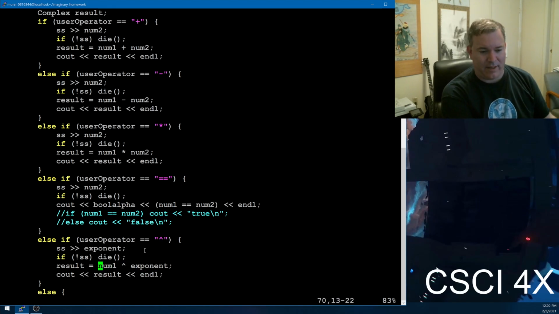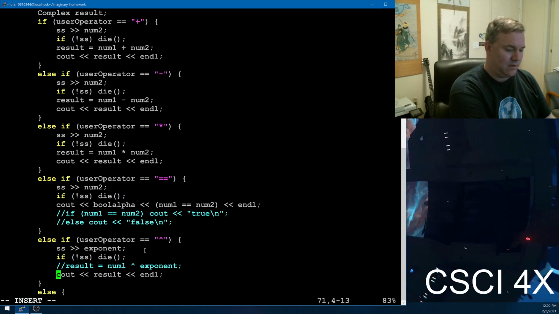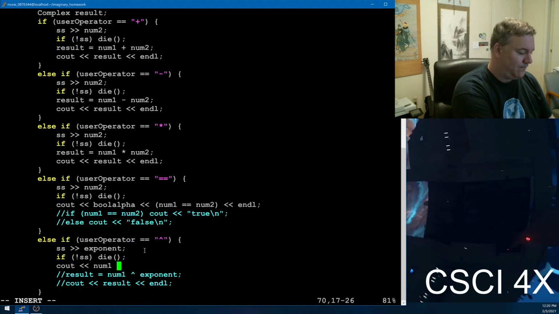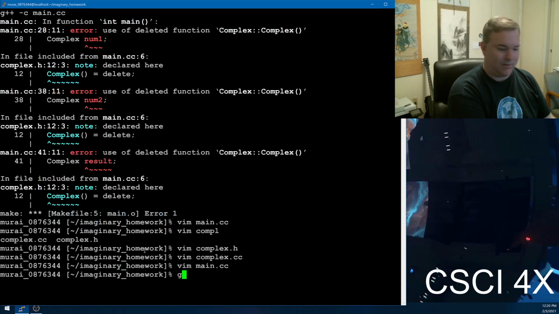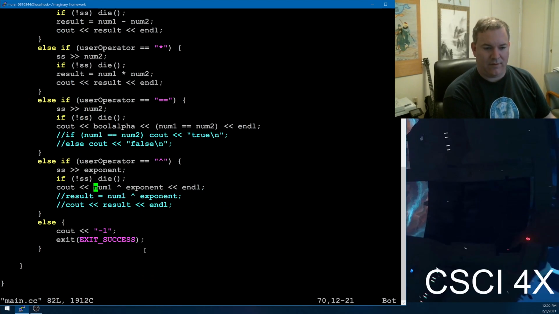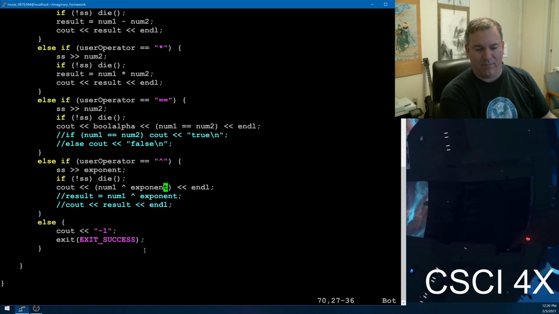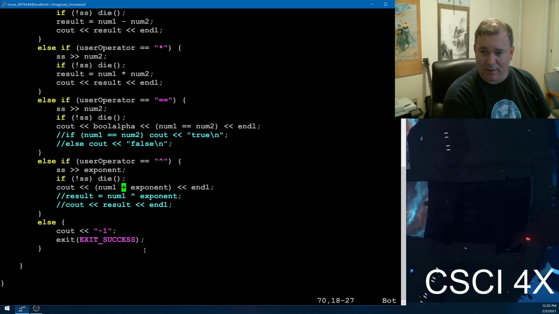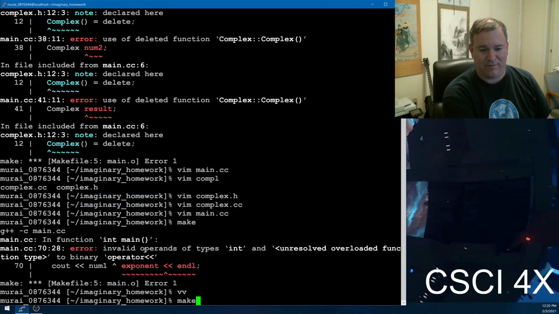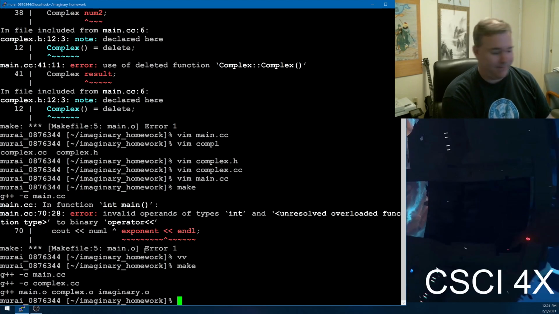And so if you're going to try to do this, cout num1 exponent, like that, if you try compiling this, then it won't compile, right? So you have to wrap this in parentheses. So just as a general rule of thumb, rather than trying to remember which ones work, plus works, but I tend to just put things within parentheses and it compiles fine, right?